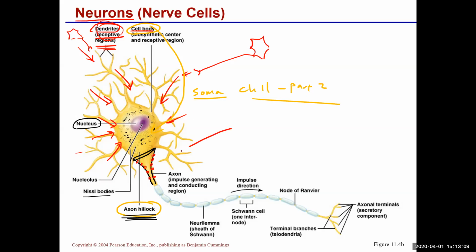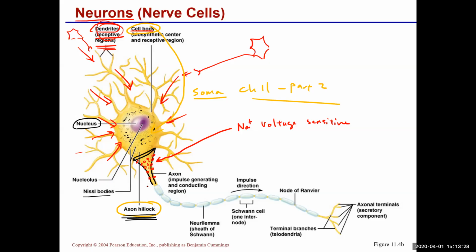So I'm just going to refer to that in here and put in sodium voltage sensitive. Sodium voltage sensitive channels are numerous right here on the axon hillock.